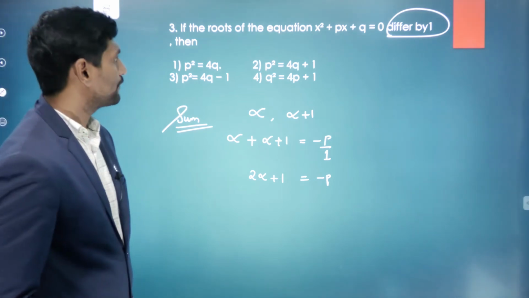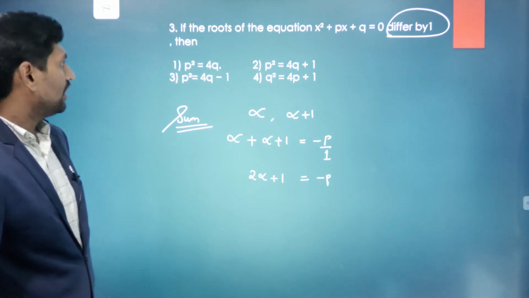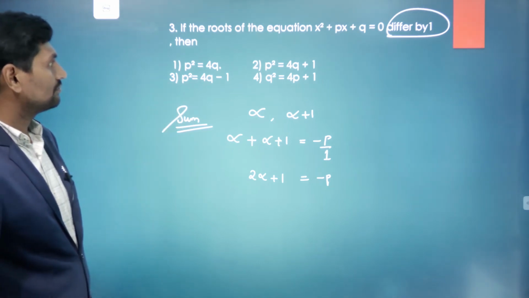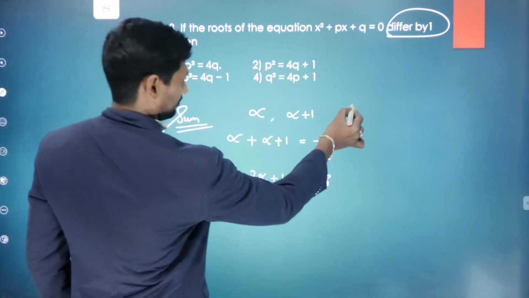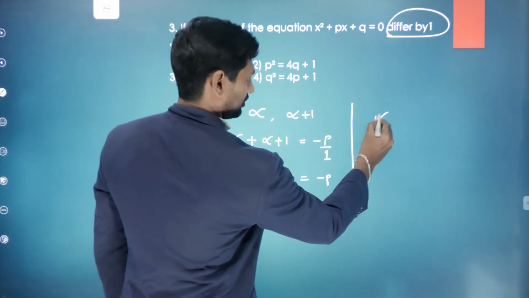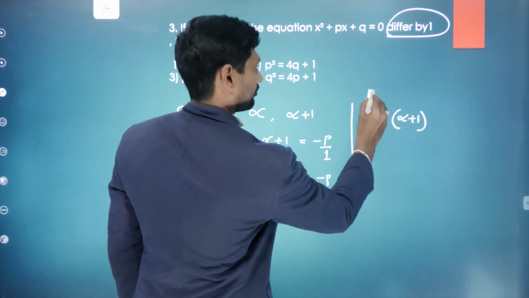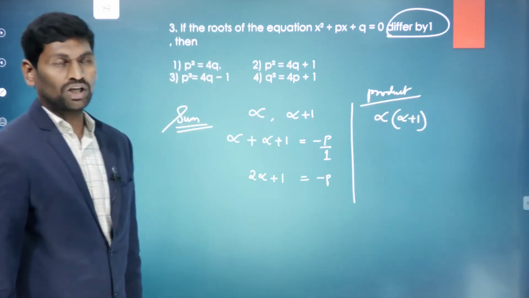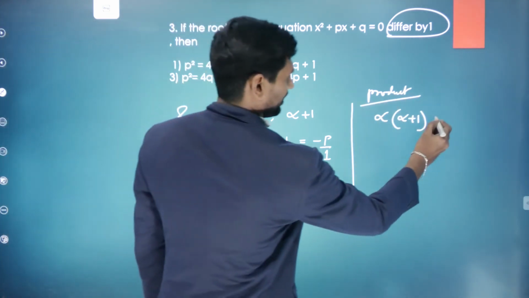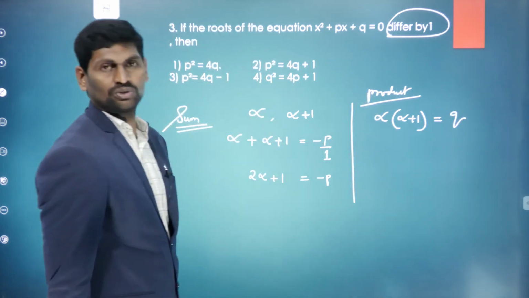Okay, na? Next, product, alpha into alpha plus 1. Product of roots is equals to c by a. C value what? Q. Q by 1 means Q only.